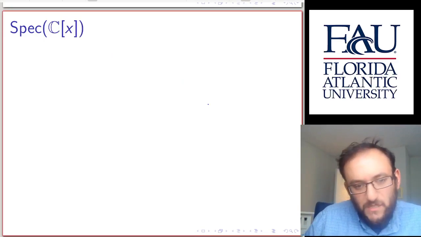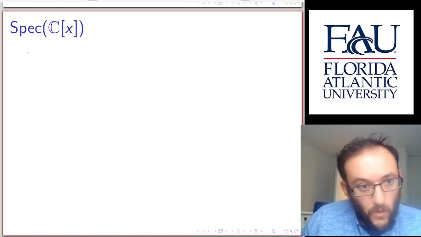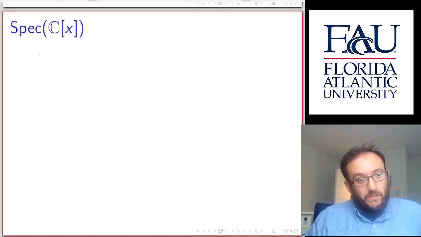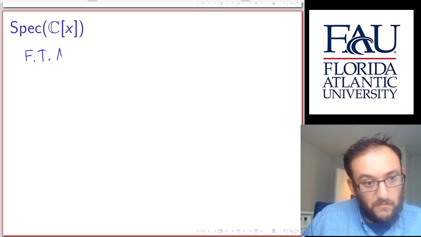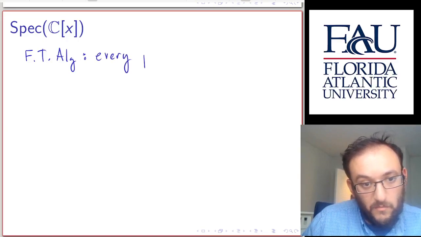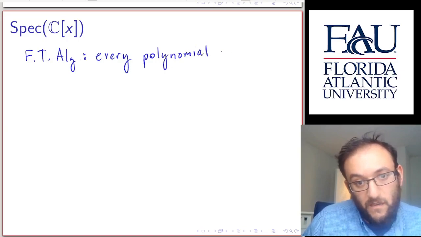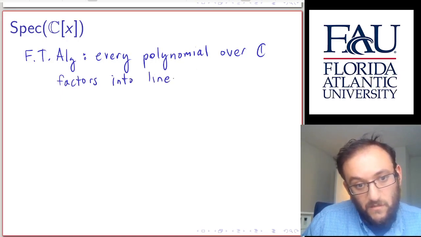Okay, now let's look at Spec of polynomials with complex coefficients in one variable. So the fundamental theorem of algebra tells us that every polynomial over C factors into linear polynomials.